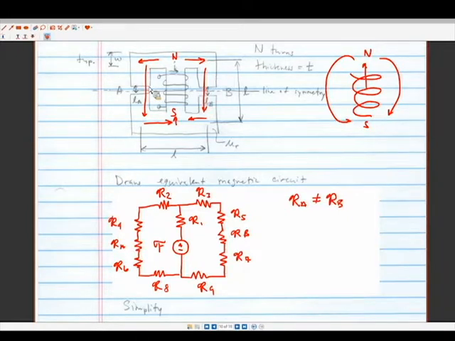But we do have some that are the same. So if we assume that this is symmetric about this axis here, we have R2 is equal to R3 is equal to R8 is equal to R9. We have R4 is equal to R6.